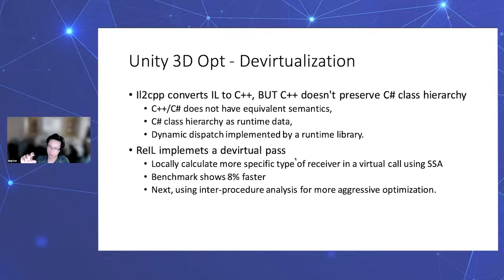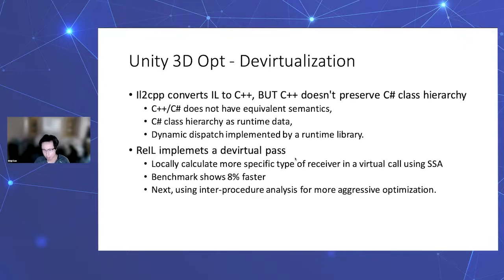We just measure a single call to a method which, without our pass, would invoke dynamic dispatching at runtime, but with our pass we replace it with a direct call. So it shows 8% faster.